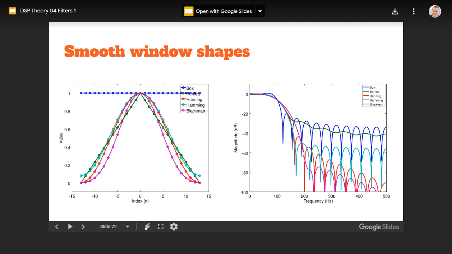Okay, different windows. Those are basically classical windows. The box is the blue one in here. Then the next window shape would be the Bartlett, which is just a triangle. And even with this triangle, you already got something like minus 5 dB better stop band attenuation.